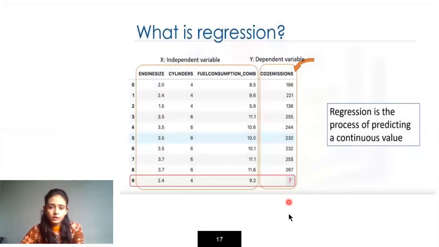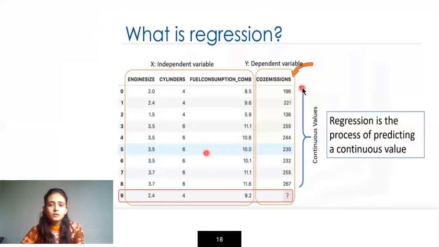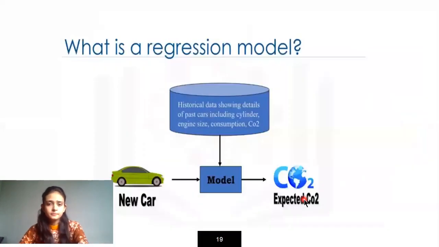Over here, we call CO2 emission the dependent variable Y, and these are my independent variables X. From these three columns, we have to choose only one variable as the independent variable. These are all continuous values.